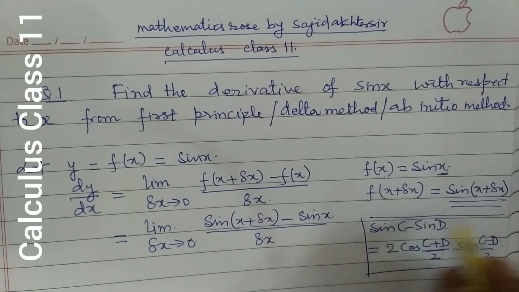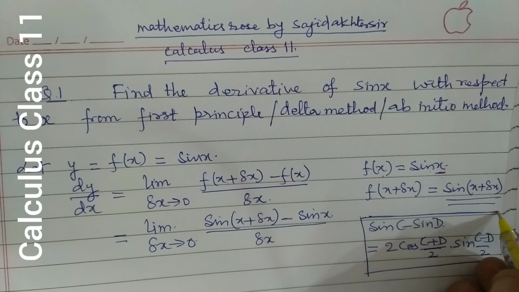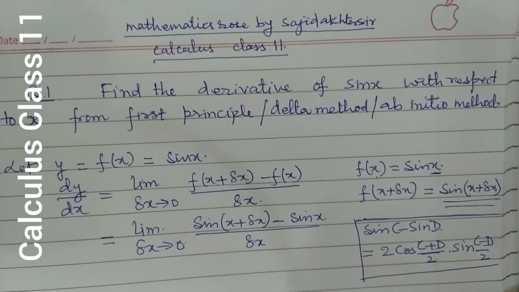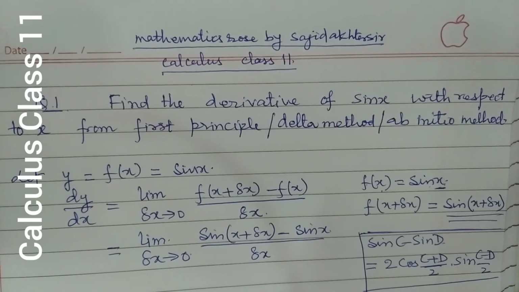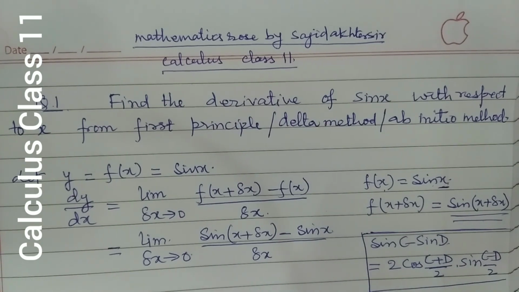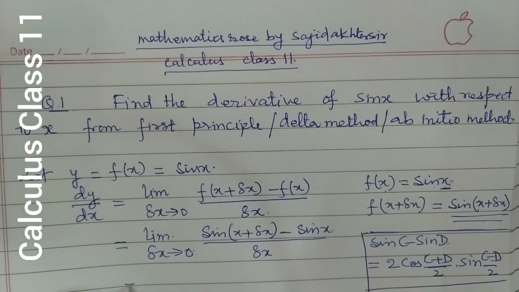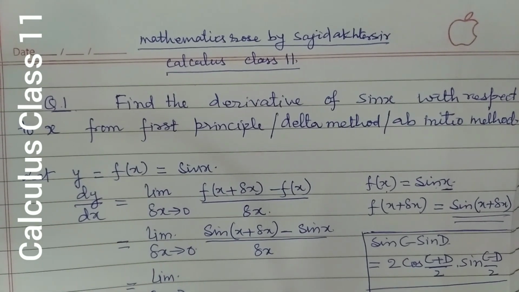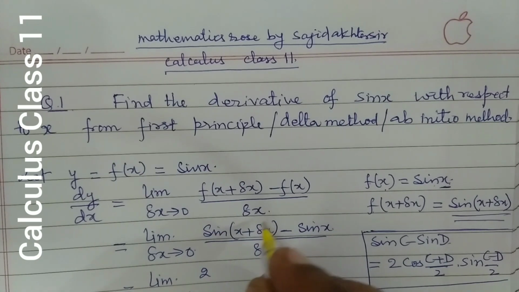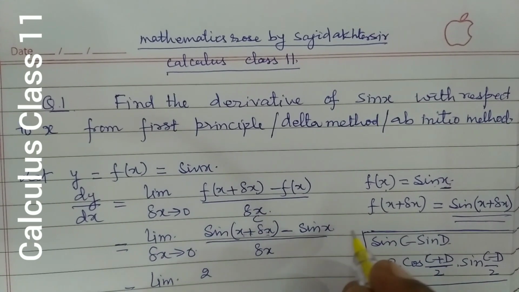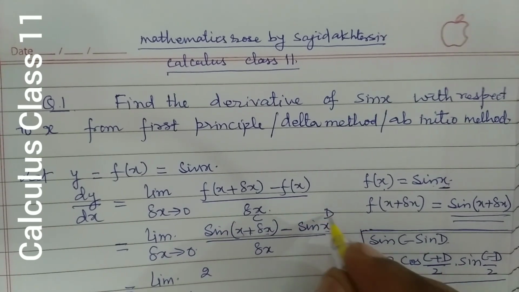Trigonometry is very important for this. I will start trigonometry from my 11th class channel also, because after completion of this I will come to the 12th students. So limit delta x tends to 0, x plus delta x is taken as c and x is taken as d.